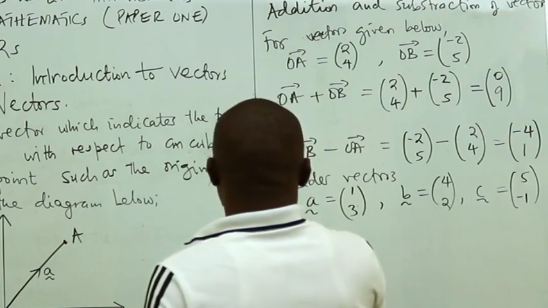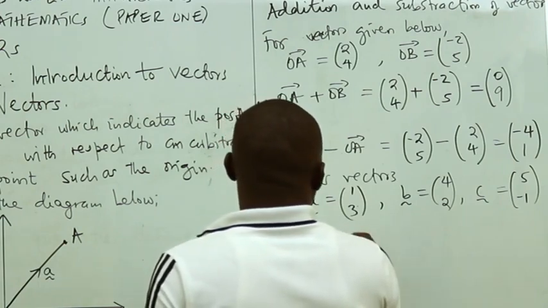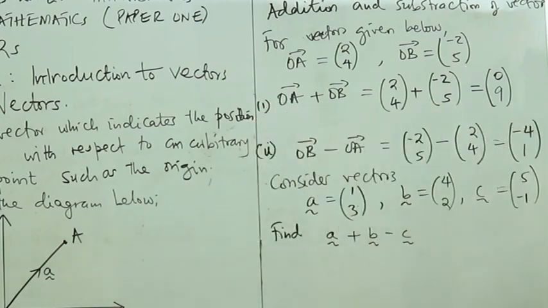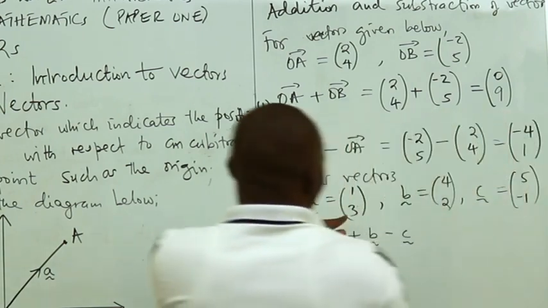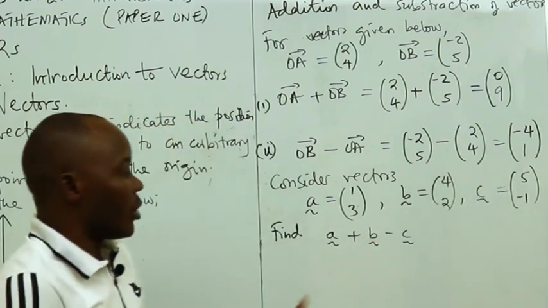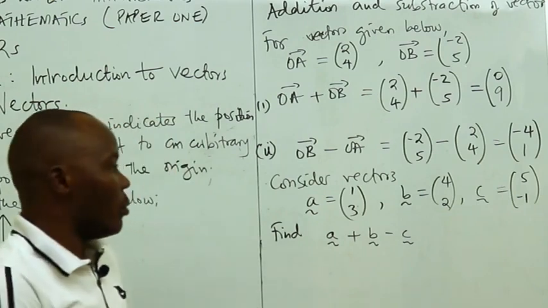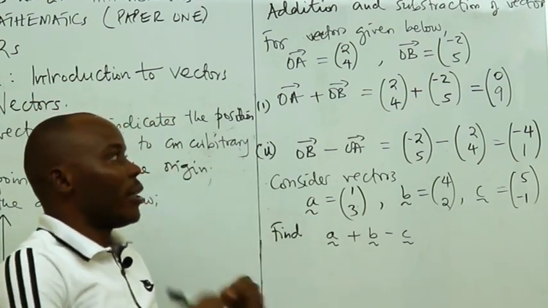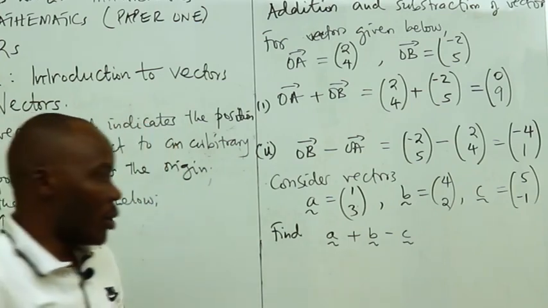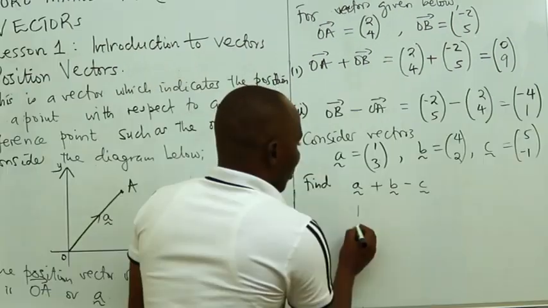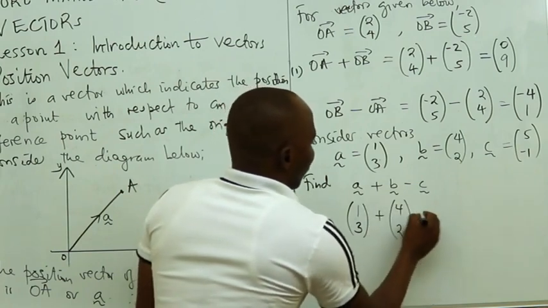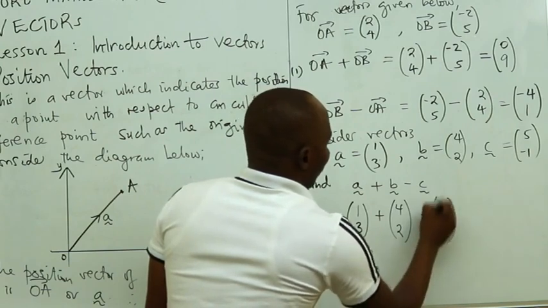If you want to find, for instance, A plus B minus C, we have our vector A, we have our vector B, we have our vector C. This is a matter of substituting here and you do the routine. But the key point is we subtract or add corresponding components. So this is 1, 3 plus 4, 2, then minus 5, -1.